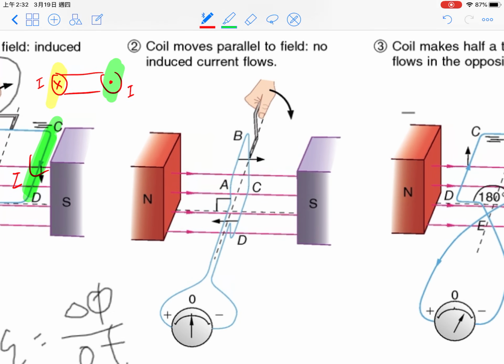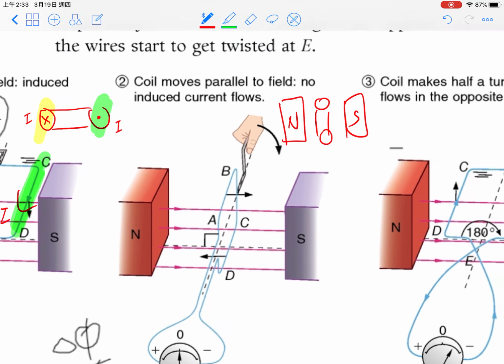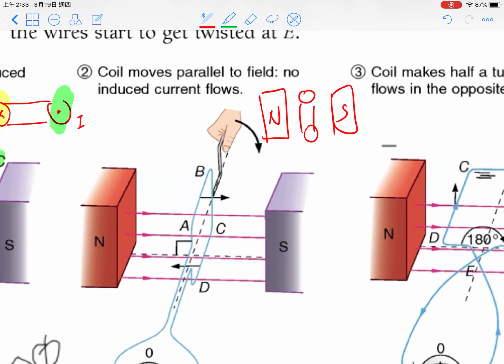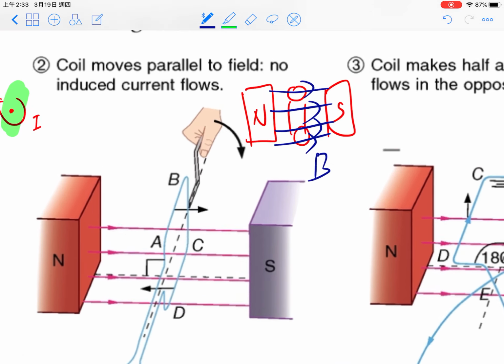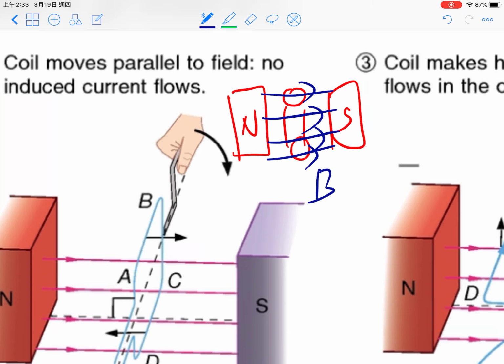For step 2, what happened? Like you know, the magnetic field lines point to the right-hand side, which is horizontal, parallel field lines. If the wire AB moves to the right-hand side, do you think it cuts through magnetic field lines?